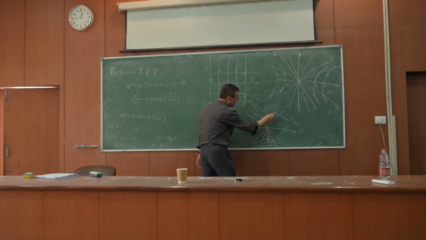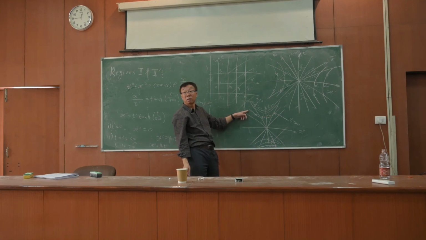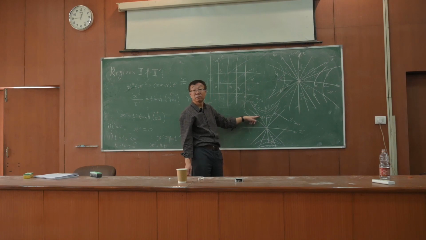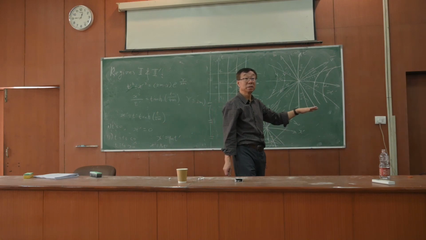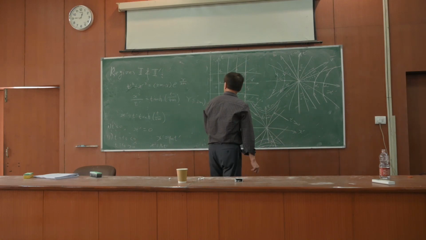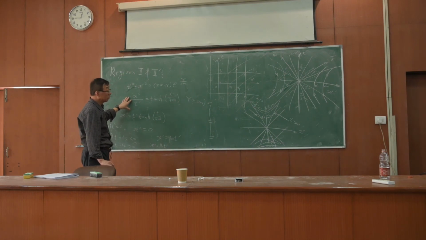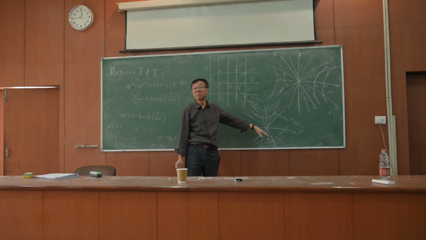My t actually goes like this, right? Increasing for fixed r. So here is the cut. This is t0. This is t negative. This is the time direction in the chart called t. So this corresponds between t equal constant and r equal constant in this surface, right?